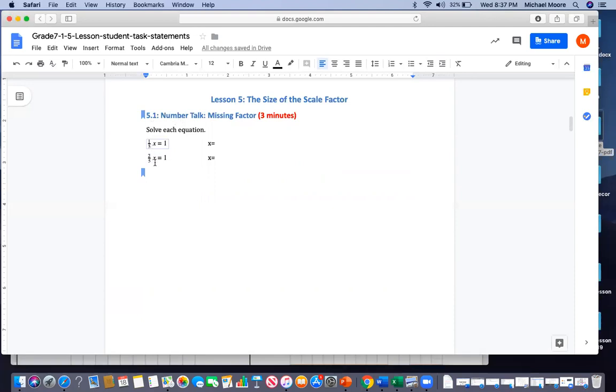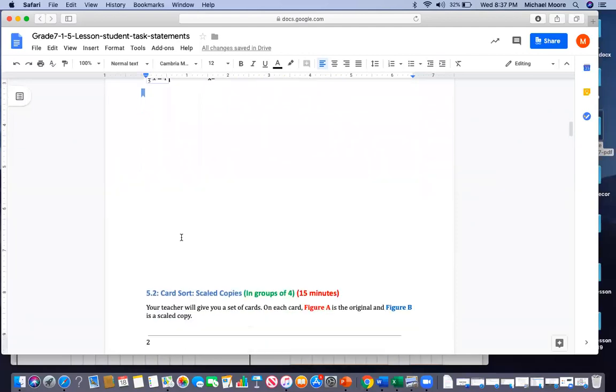And in the second example, we see that 2/5, when the reciprocal 5 over 2 is multiplied, we get 10 over 10, and we could reduce that to be 1 also. So that was the purpose of that warm-up activity.